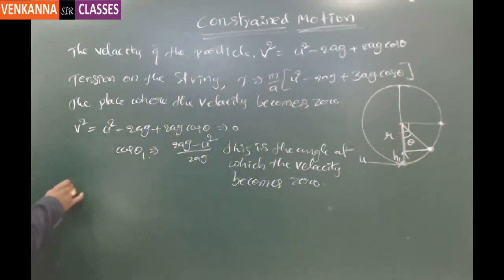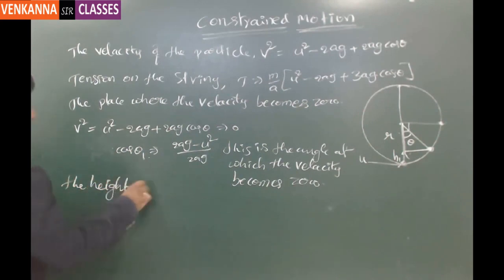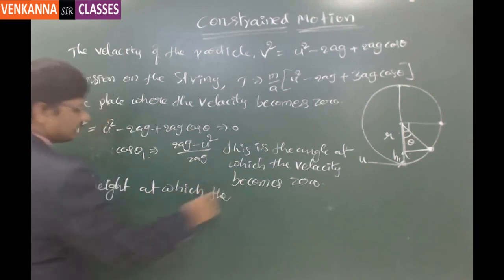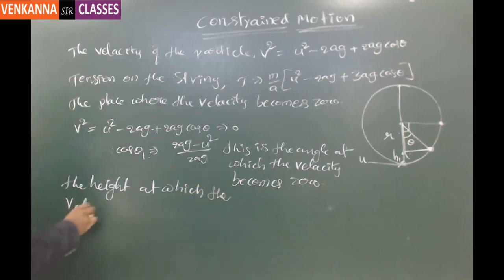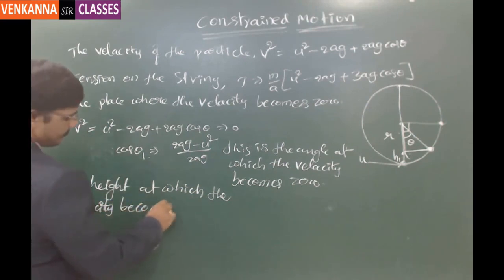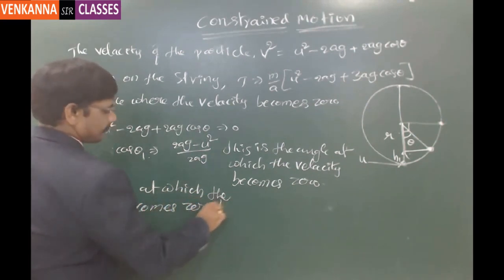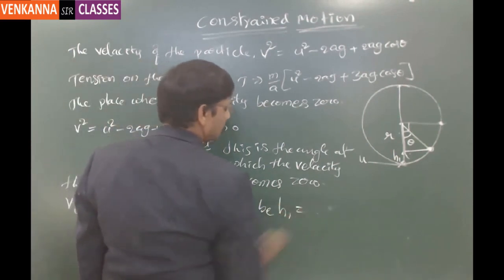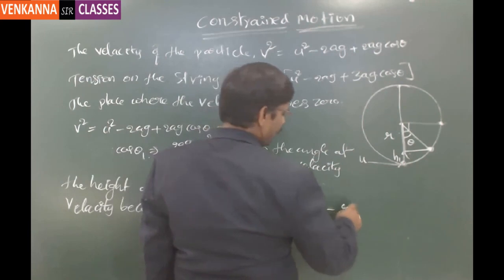So the height at which the velocity becomes 0, let it be h1, is equal to r minus r cos theta 1.